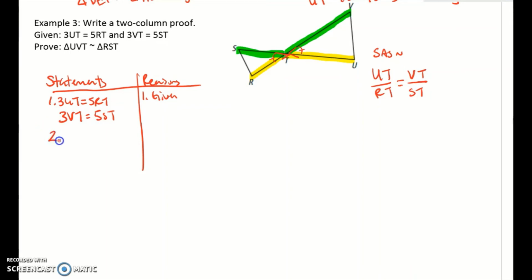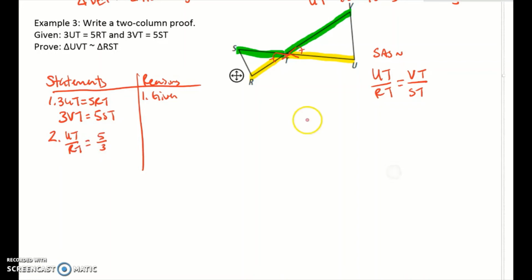All I have to do here is do what we were doing in our first lesson, right? Manipulate your cross products. I'm basically going to take these and divide them to create our ratios. So if I divide, I'm going to get UT over RT is equal to 5 over 3.